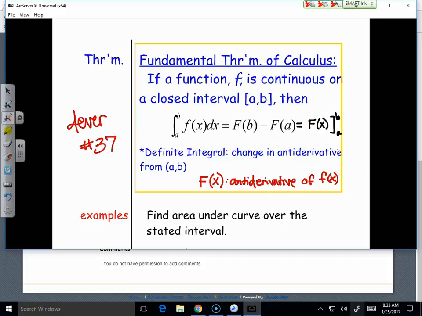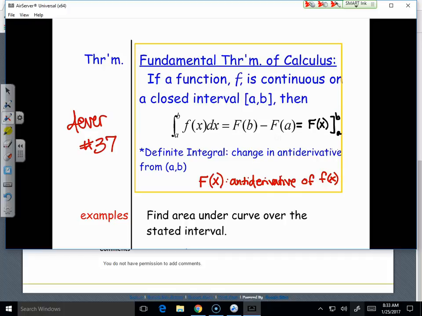It says find the antiderivative, and then realize you're going from a to b, which means, hey, plug in b, plug in a, and subtract. An infinite sum can be done with a single subtraction of an antiderivative. It's kind of crazy. It's kind of cool. And it's all proved once again using MVT.